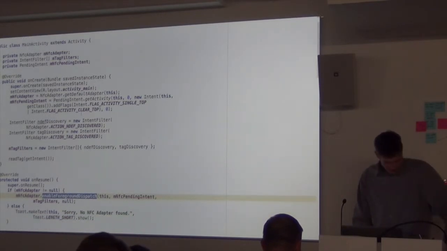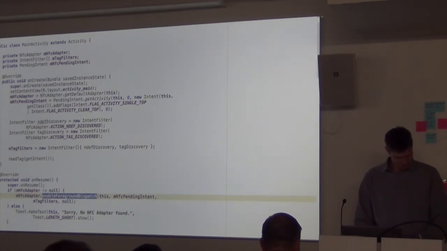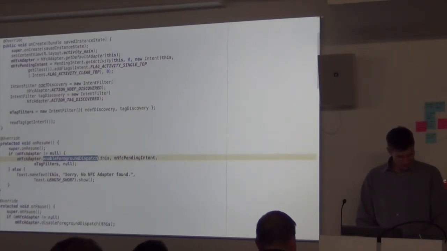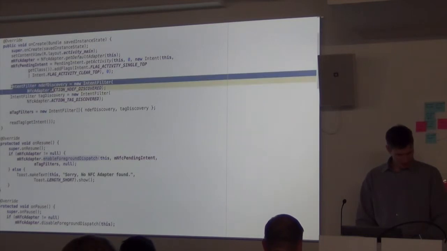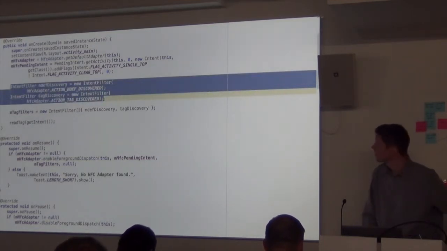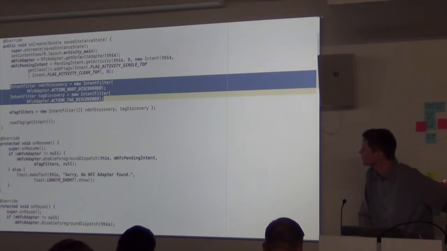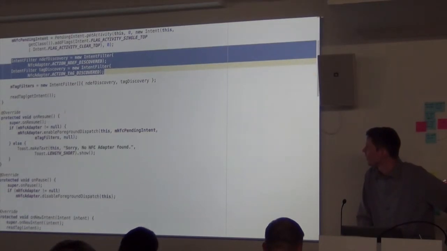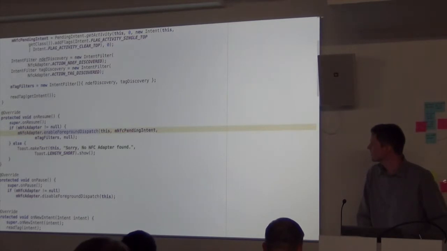So let's see. Some key things to point out here. Here we have intent filters. We're advertising that we're able to handle NDEF discovered and tag discovered. This enables foreground dispatch here.